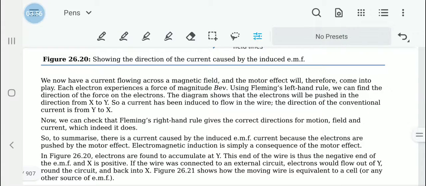The motor effect, Fleming's left hand rule, will come into effect here, because the electrons are moving and there is a current.